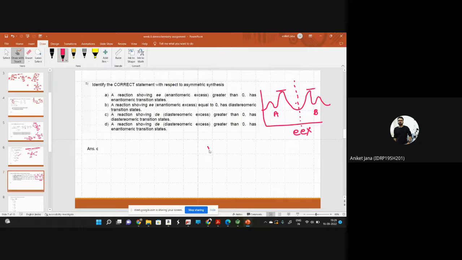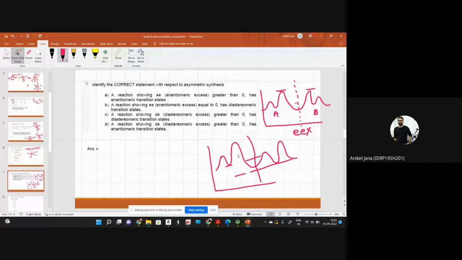And in the case of the diastereomeric transition state, if we put a line here, then they are unequal in energy, right? They are not equal in energy of the transition state.